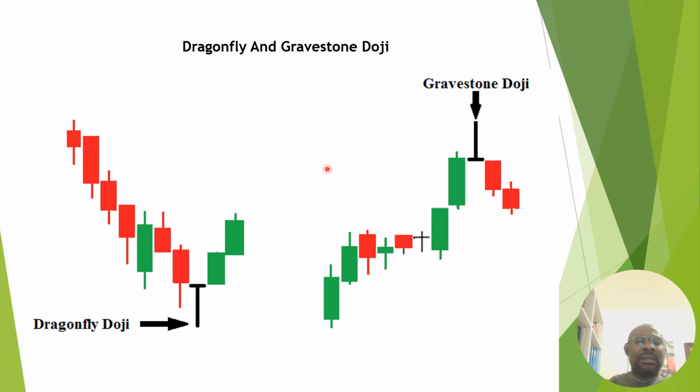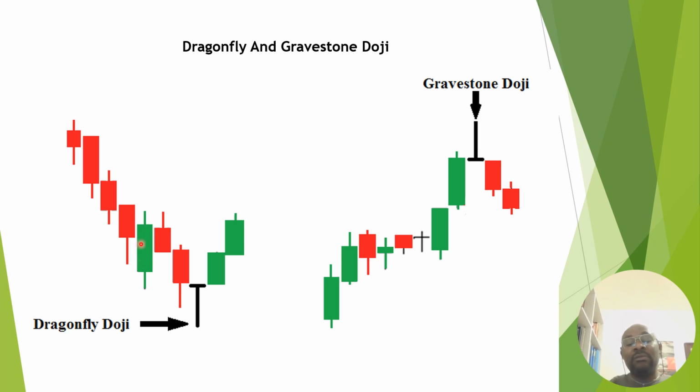Yeah, this is it, guys. Dragonfly and gravestone dodgy. Now you can see this is a dragonfly that I told you is a bearish trend reversal to the upside. You can see this is a bearish trend, the red candlesticks like this.